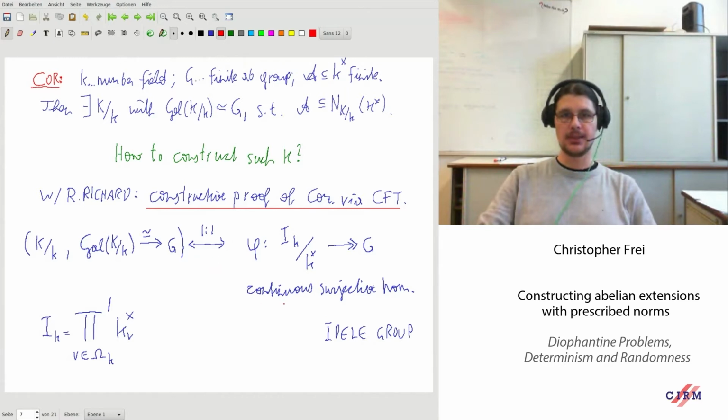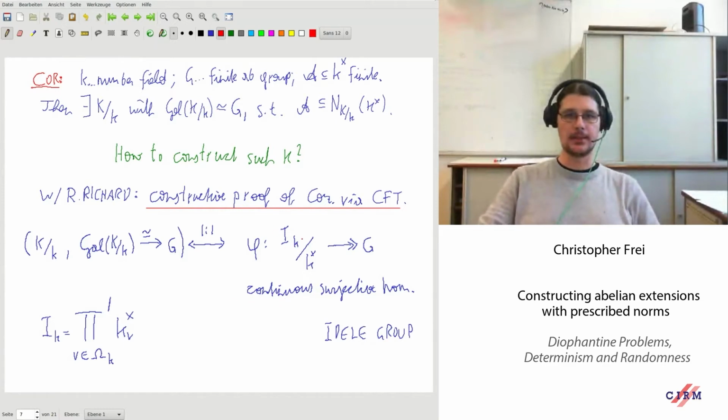And these are continuous and surjective homomorphisms from the idele class group of my number field little k to my group G. So it should be surjective and continuous. The topology is not going to play a role in this talk, so you can forget about this continuous if you want.